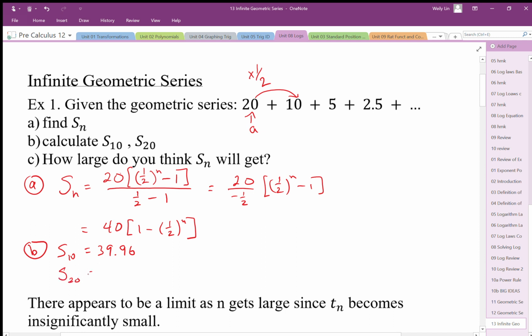S20, so I'll do the same thing, except I'm going to use 20. So you guys can go ahead and do that as well. Okay, so when I do that, whoa, what are you guys getting here? Because I'm getting 39.99996.